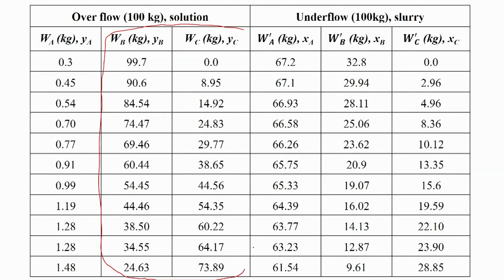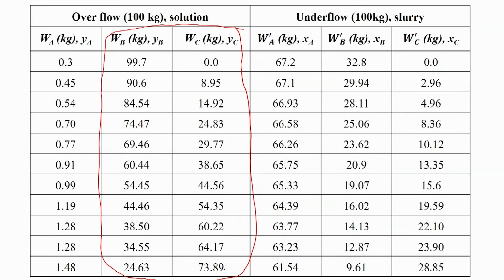So, we need to convert this into percentage fractions. Y_b will be 0.997 and Y_c will be 0, and whenever Y_b is 0.2463, that time Y_c will be 0.7389.